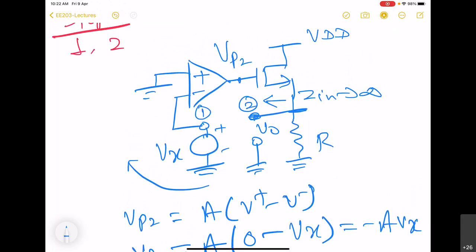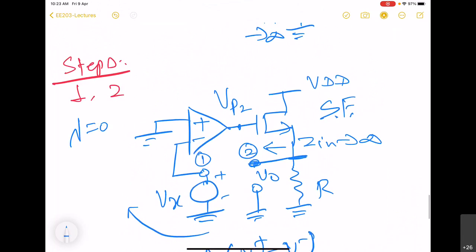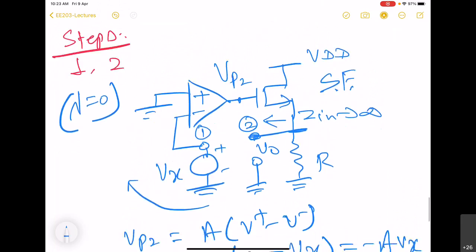Right. And this VO that we see here is the output of the source follower amplifier. So this MOS is in source follower configuration, common drain configuration, right? And we will take lambda equal to 0 to keep things simple.